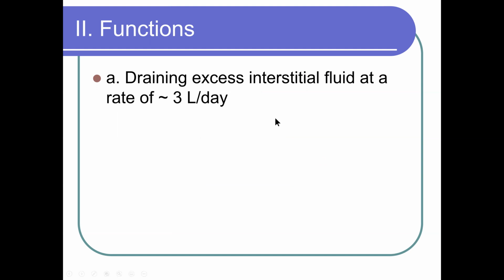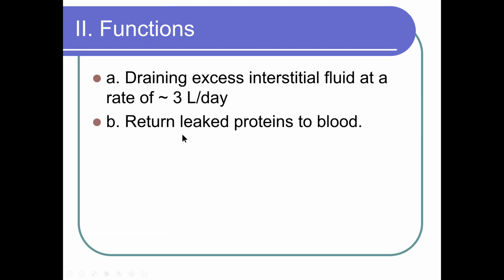It drains on average about 3 liters a day. It returns leaked proteins, so if you have any leaked proteins, it's going to return those. It also handles lipid absorption. Remember, lipids are not soluble in water.